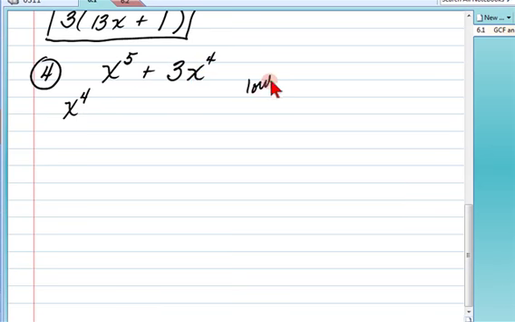I can take no more than the lowest power. So I'm going to take the lowest power of x. So x to the 4th is the greatest common factor. Divide by x to the 4th, divide by x to the 4th. Those of you who have very recently had 307, you're going to know exactly what I'm talking about when I say you're about to use the quotient rule for exponents.